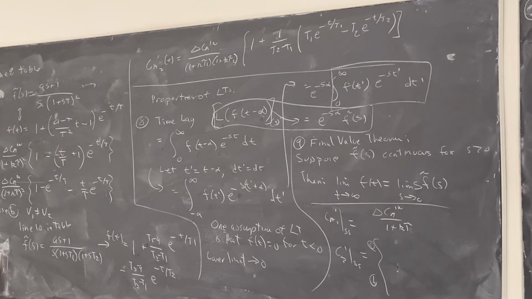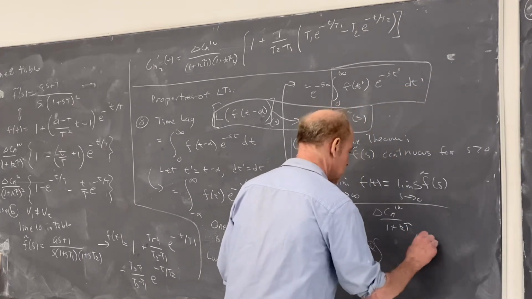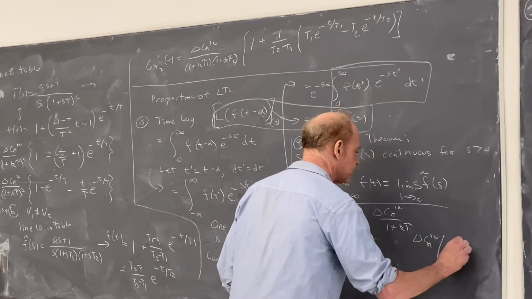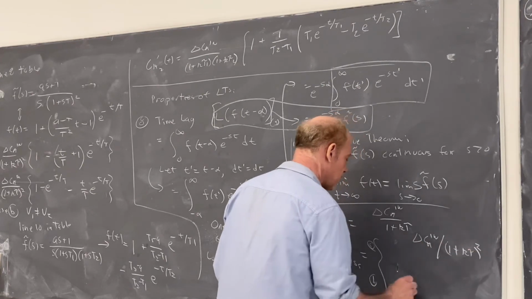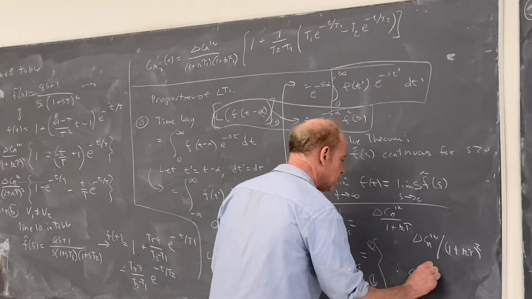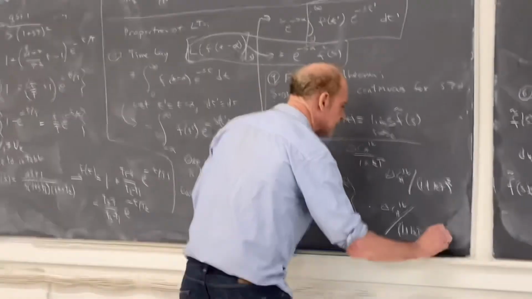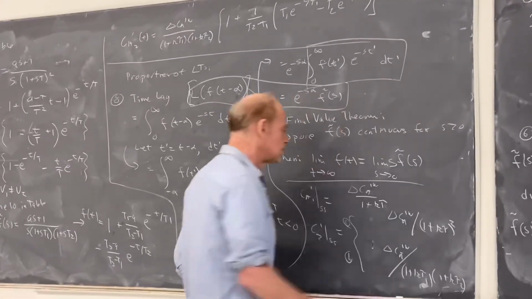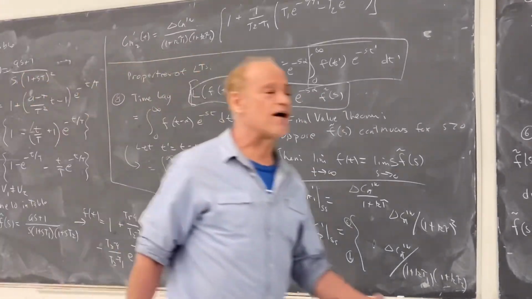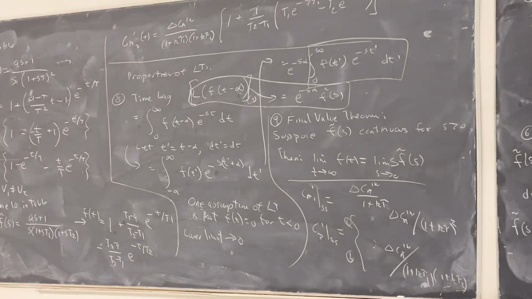So I get delta C in over 1 plus k tau squared, and for case B, it's delta C in over 1 plus k tau 1, 1 plus k tau 2. So the steady state, I don't even have to invert. I multiply by s, and I say s equals 0. The s is canceled, and these just become 1, and that's all I get.